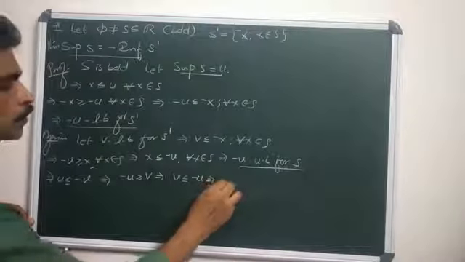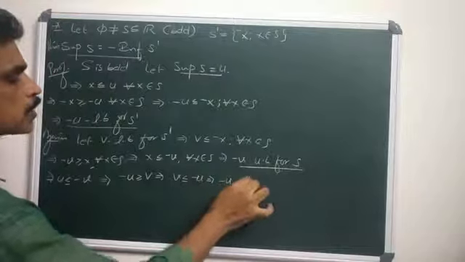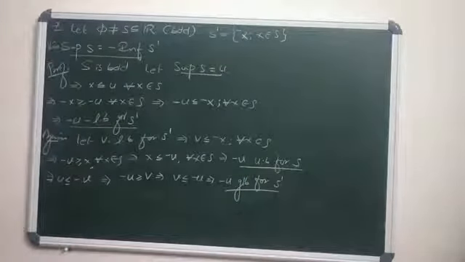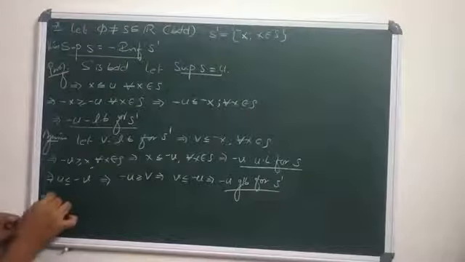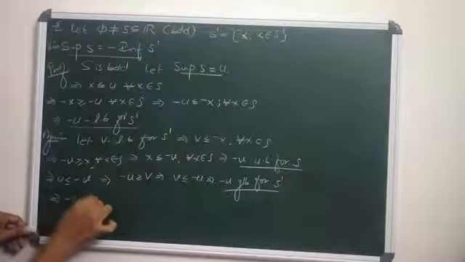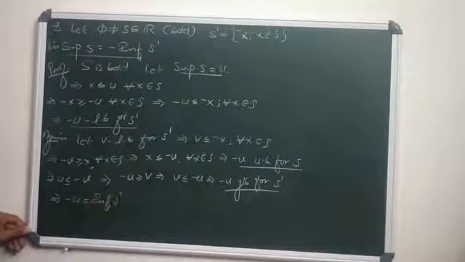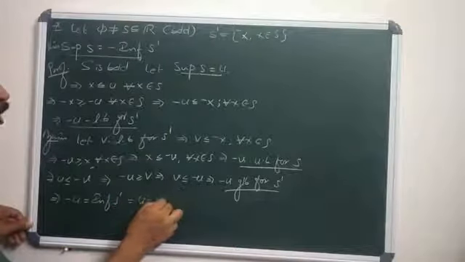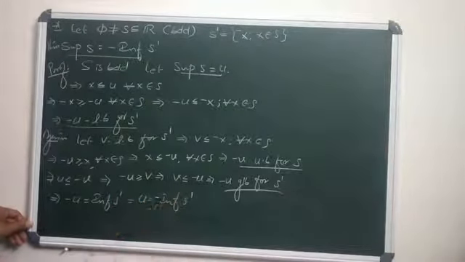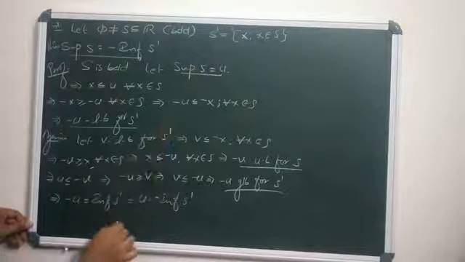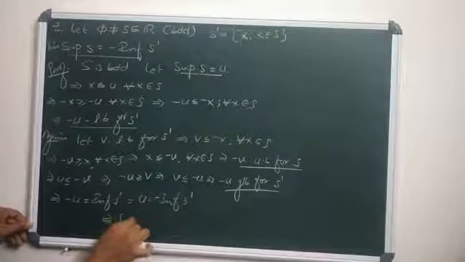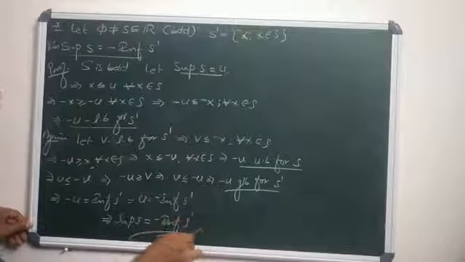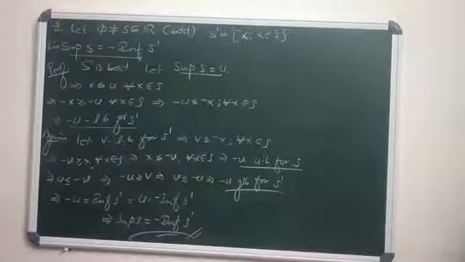Minus U is the greatest lower bound for S dash. That means minus U equals the infimum of S dash. So U is minus the infimum of S dash. What is U? U is the supremum of S. That implies the supremum of S equals minus the infimum of S dash. Okay, this is what we derived here.